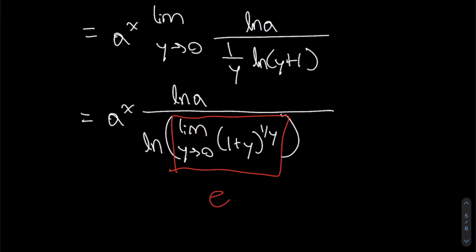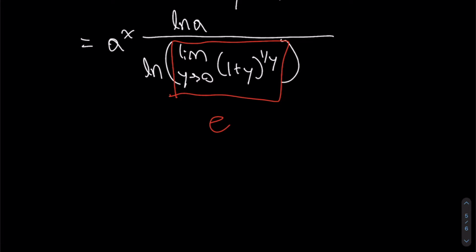I could do a separate video on what e is and why that's the definition. Another definition you might have seen, which is equivalent, is the limit as x approaches infinity of 1 plus 1 over x to the power of x. This is actually the same thing if you just make the substitution 1 over y equals x. But yeah, this is actually the definition of e.